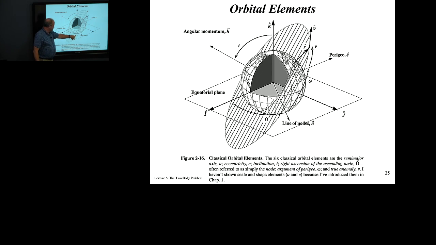So the first one we use is the right ascension of the ascending node, capital omega. So that's the angle between the line of nodes and the x-axis. The other one is the argument of periapsis. And so the argument of periapsis is the angle between the line of nodes and periapsis, and we define the periapsis direction by the eccentricity vector.